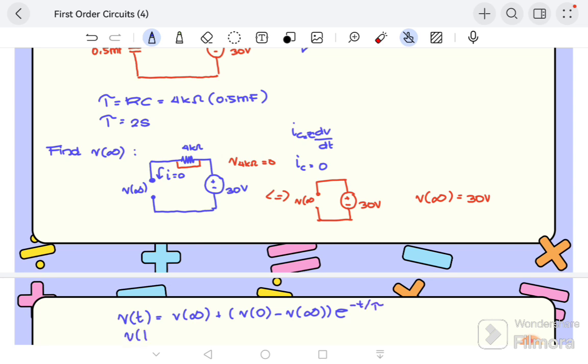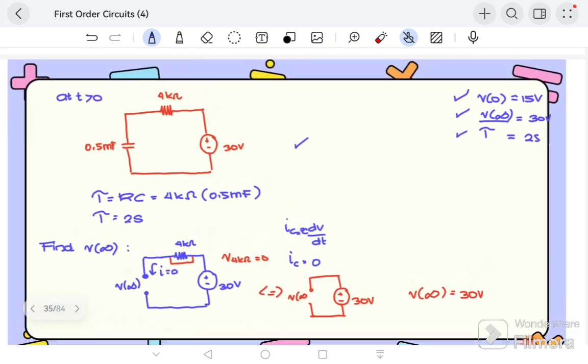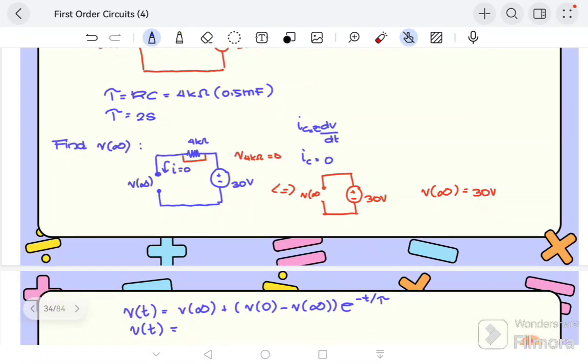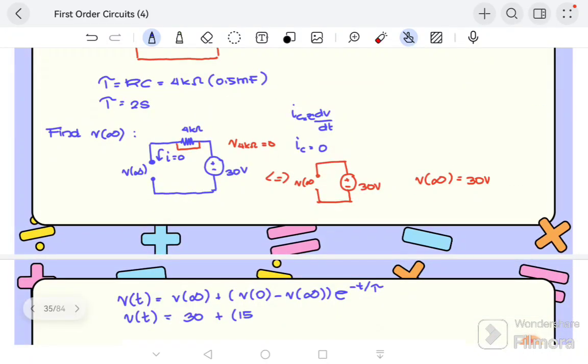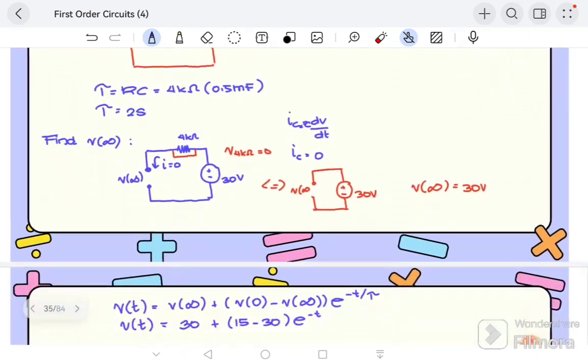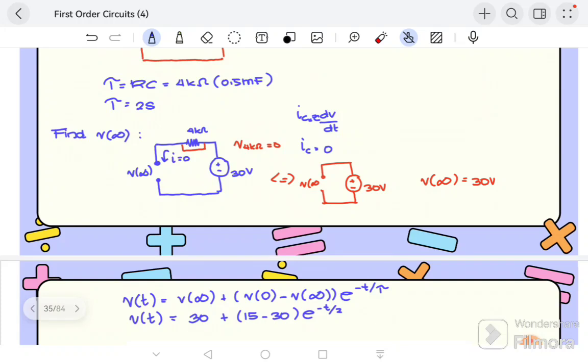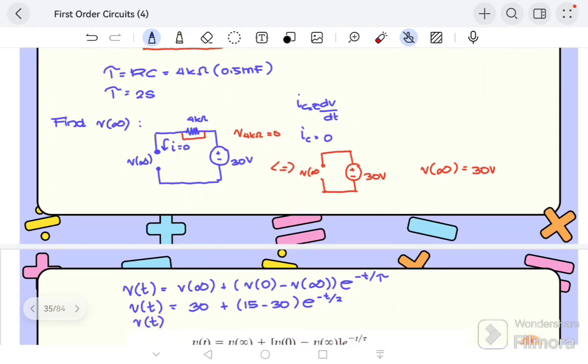Therefore, V of t is 30 plus 15 minus 30, e to the negative t over 2, the tau being 2. So, V of t is equal to 30 minus 15 e to the negative t over 2, in volts.